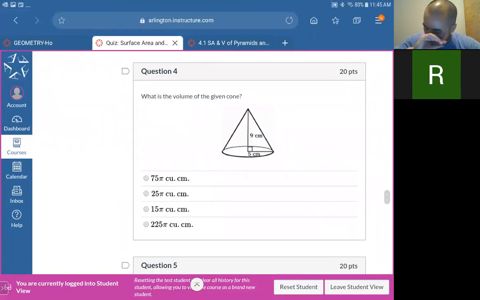For this one, don't put pi in the calculator. You just do 1/3 pi, 5 squared, times 9. Yeah, there you go. Let me check one thing, make sure this is not a tricky thing. Yeah, that was it.